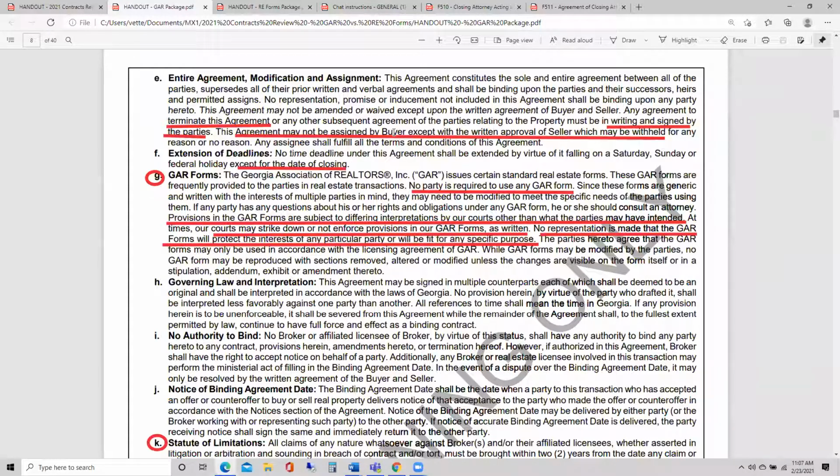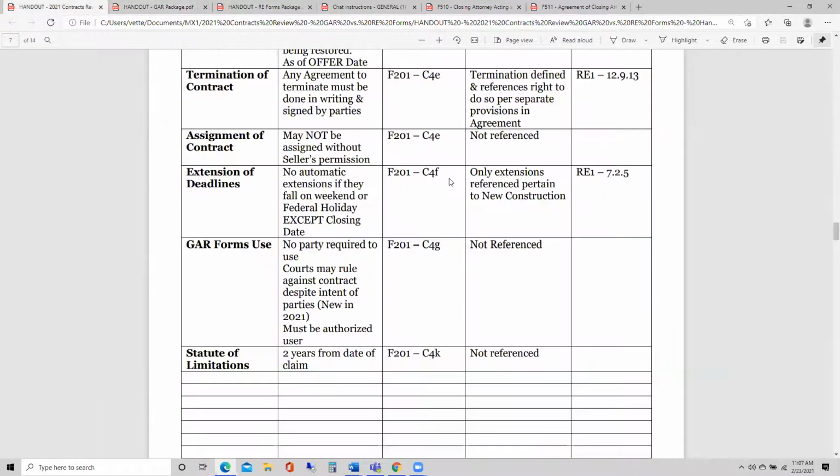They find another buyer and assign the contract to another buyer. The GAR purchase and sale agreement is not assignable in and of itself without the written approval of the seller, and the seller does not have to agree. So that is written here in the GAR purchase and sale. In the RE forms, assignment of the contract is not referenced at all.